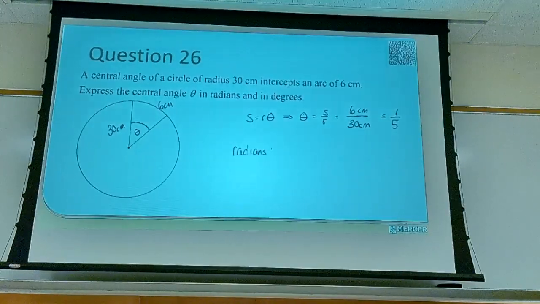Then you convert it. Now convert that to degrees. Which is a fifth times 180 degrees over pi. What's 180 over 5? That's 16.